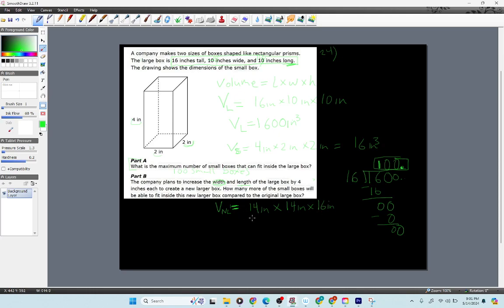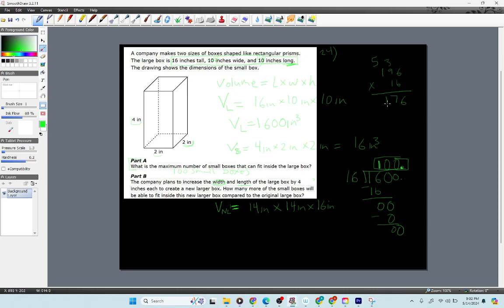Okay, so let's multiply this out now. So we have 14 by 14. It's going to be 196. Then 196 times 16. Multiply that. 6 times 6 is 36. 6 times 9 is 54. Plus 3, 57. 6 times 1 is 6.